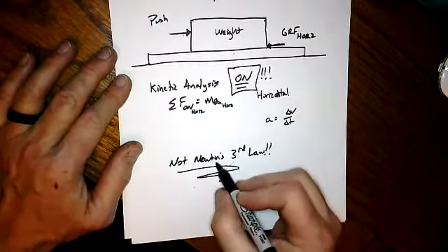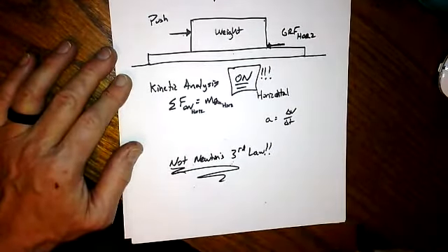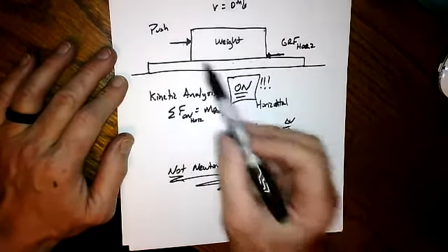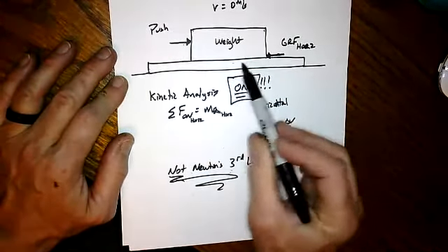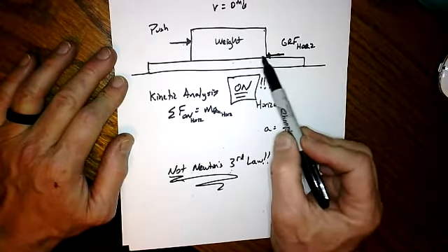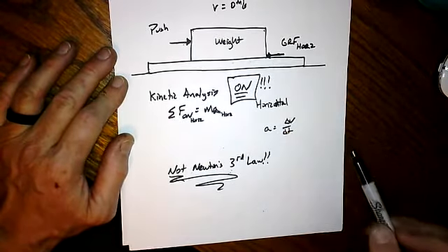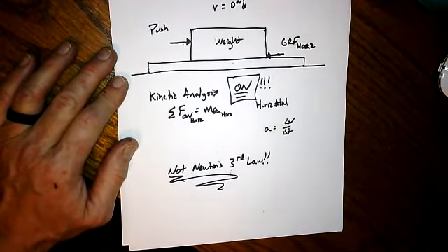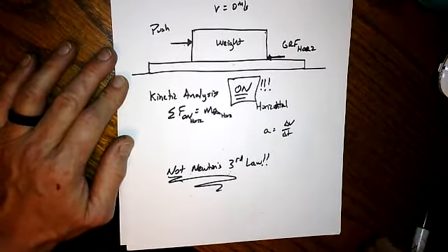So it's not Newton's third law. I'm pushing on the object, and the object's pushing back on me. Obviously these are all linked, but we need to get them straight.